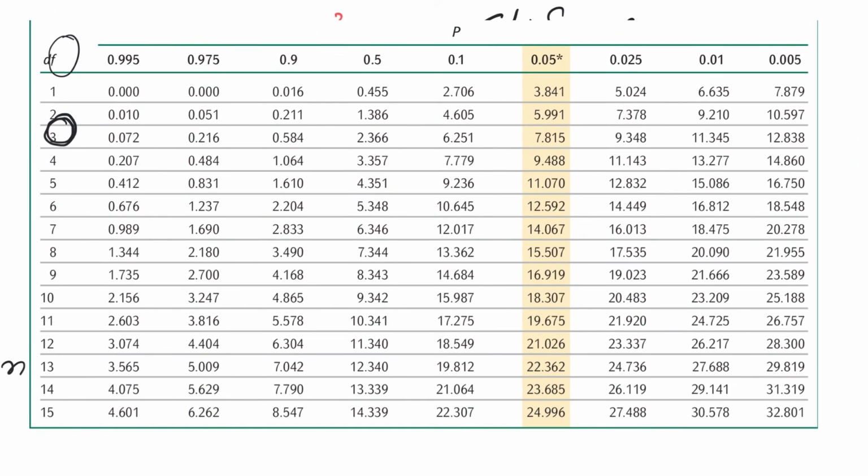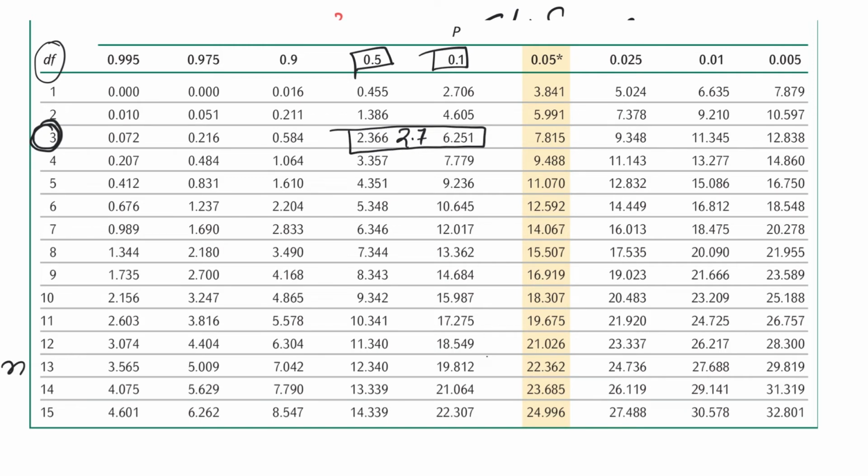So where does our 2.70 value lie in the third row? As you can see, it's right here, 2.36. So 2.7 will be a value between these. Now what is the probability here? 0.5 to 0.1. Okay, so our calculated chi-square value lies between the probabilities of 0.5 and 0.1.